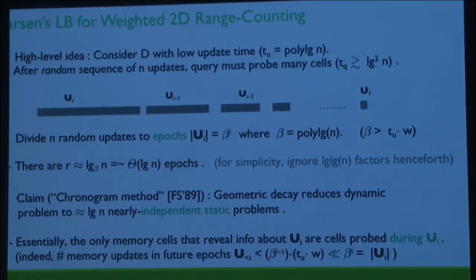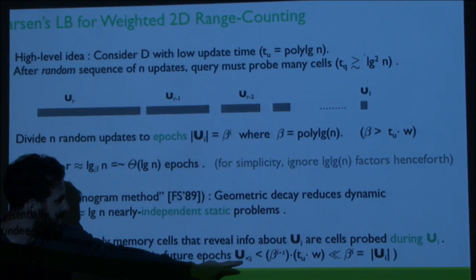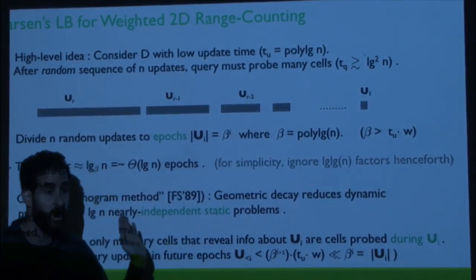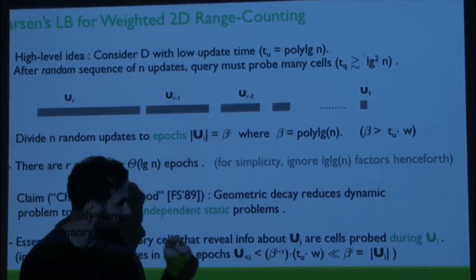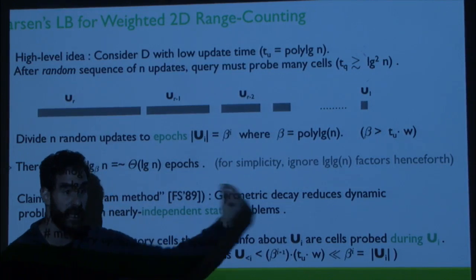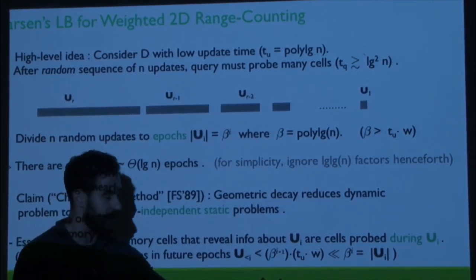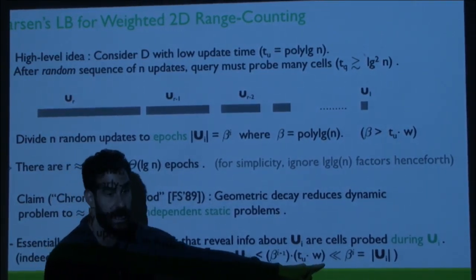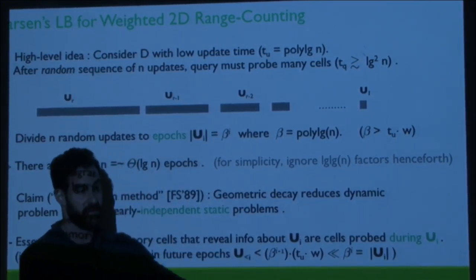That's the entire idea behind the chronogram. That's why we need to pay this geometric decay. Because of the geometric decay, the size of the 12th epoch is so much larger than all the cells that could ever be written in future epochs, because the number of updates in future epochs is negligible, and each update can only ever touch T sub u times memory times W bits of information.